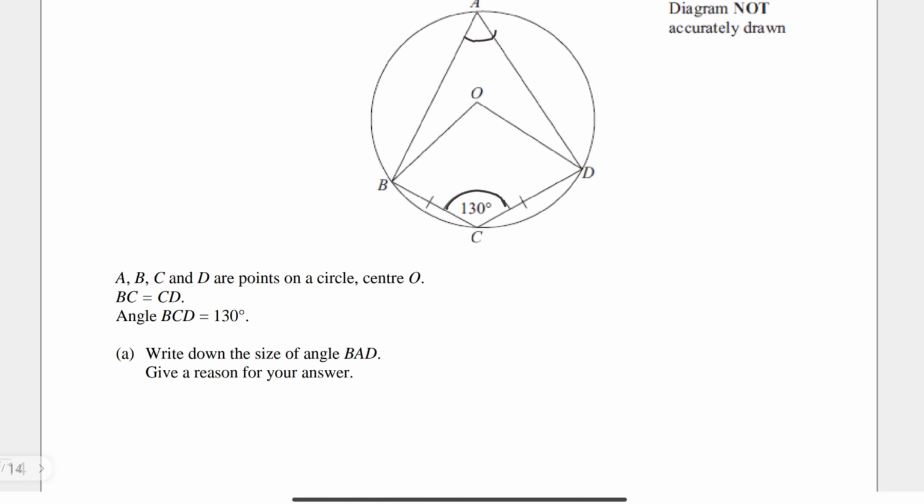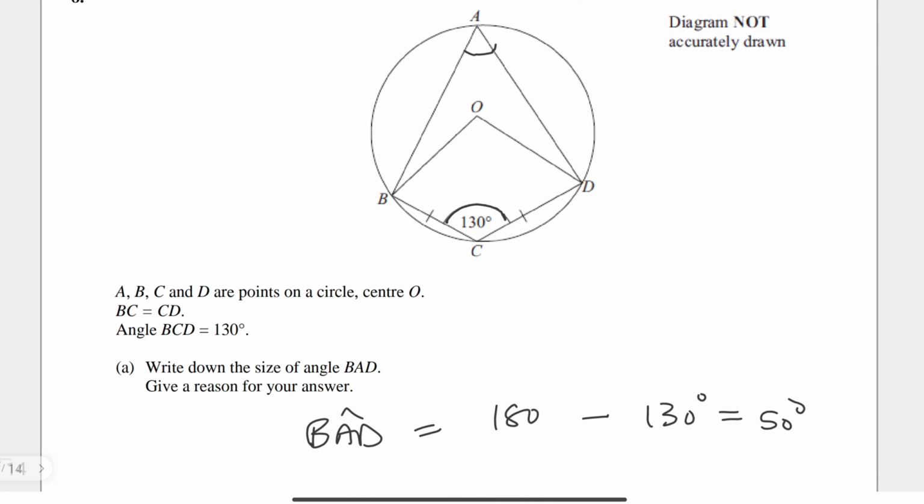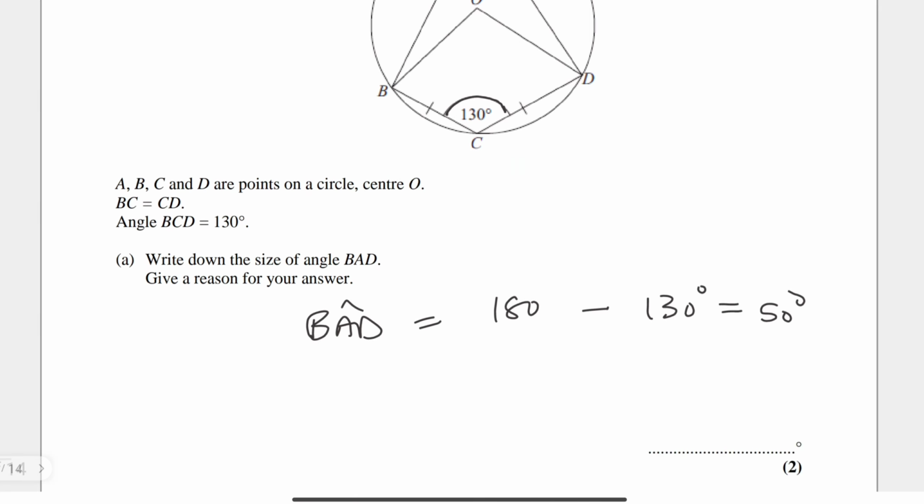So BAD is equal to 180 minus 130 degrees, which is equal to 50 degrees. And the reason for our answer is BAD plus BCD is equal to 180 degrees.